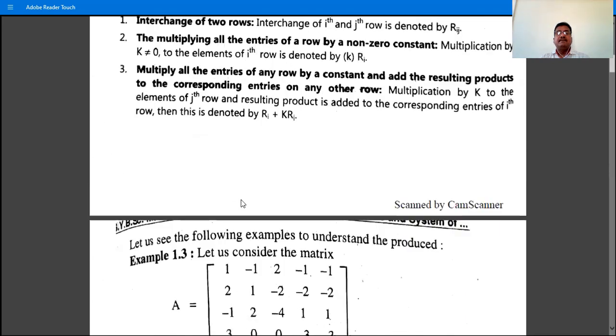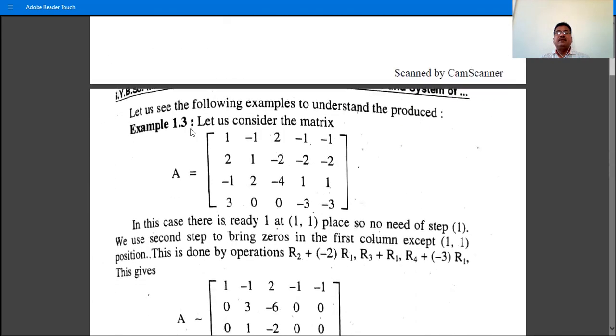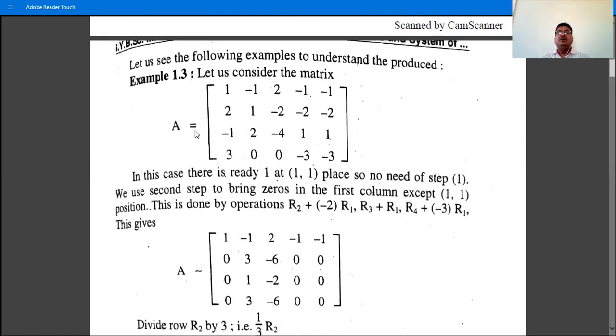So the question is this: we have to reduce this matrix to its row echelon form. In order to reduce this matrix to row echelon form, we follow the procedure that first we reduce the a11 place element, the 11 place element, to 1.